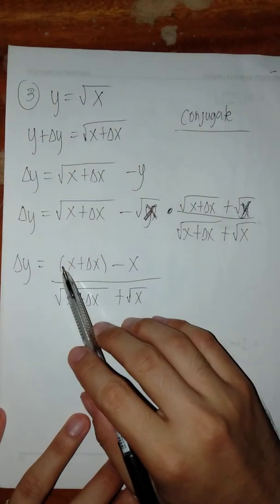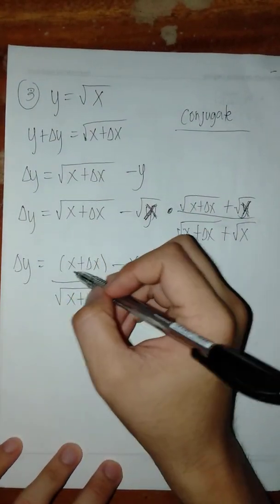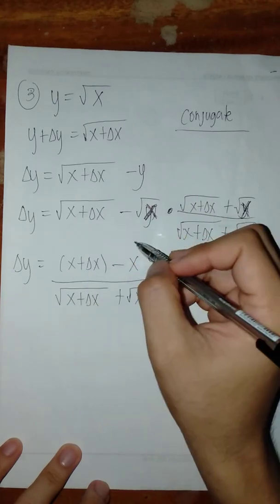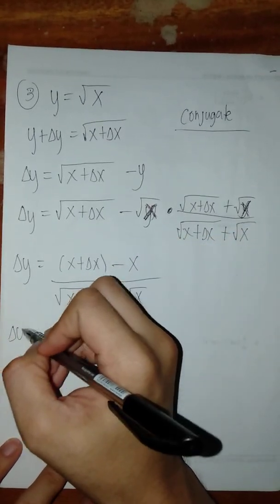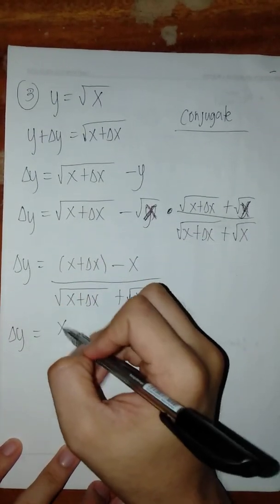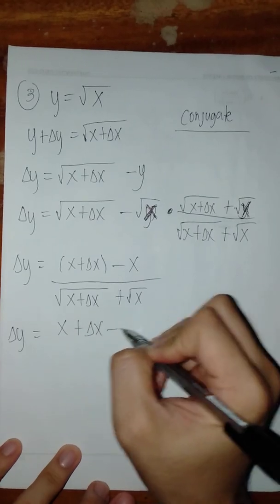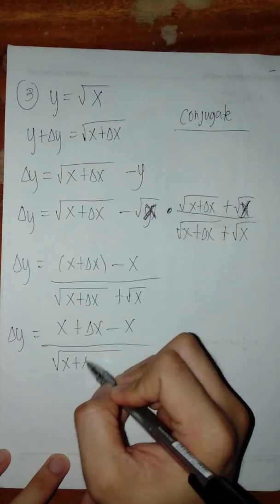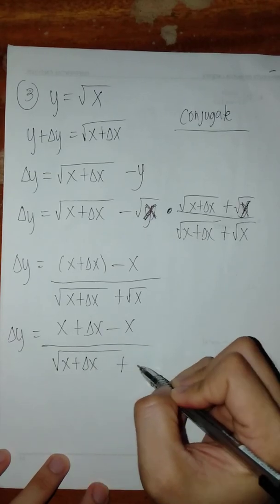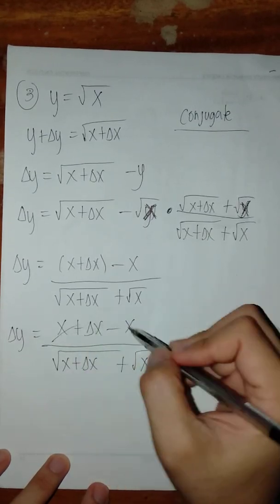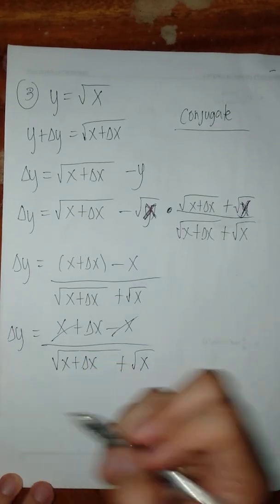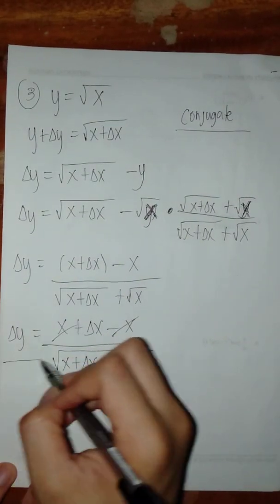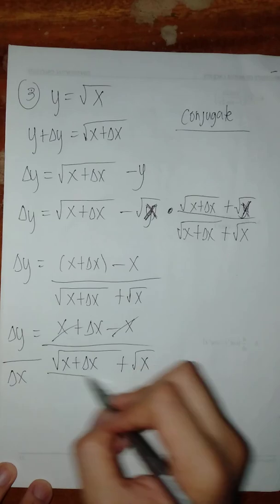Kung papansinin mo, if you remove the parentheses, x minus x, magka-cancel na yun, di ba? May iwan na lang sa'yo, x plus delta x minus x, so delta x, all over square root of x plus delta x plus square root of x. Then, divide both sides by delta x.